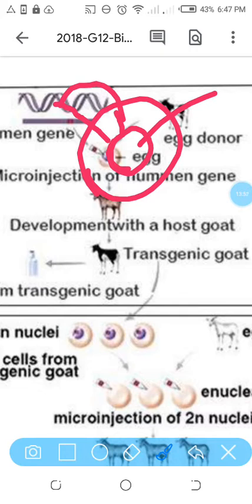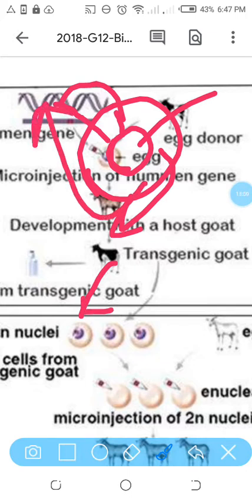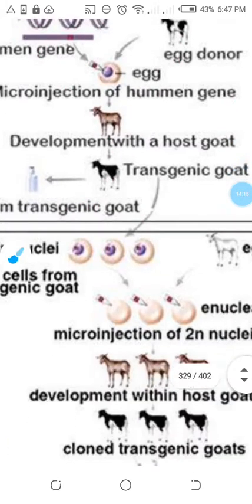You will enter it into the goat. The goat will develop. All characters in the transgenic goat will be from the human, because if the human gene is producing insulin, this goat will produce insulin, which will come out in the milk or in the secretions. You can increase the number of transgenic goats to n.